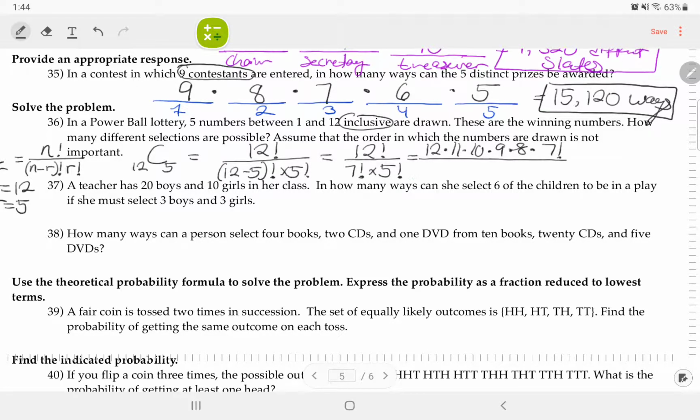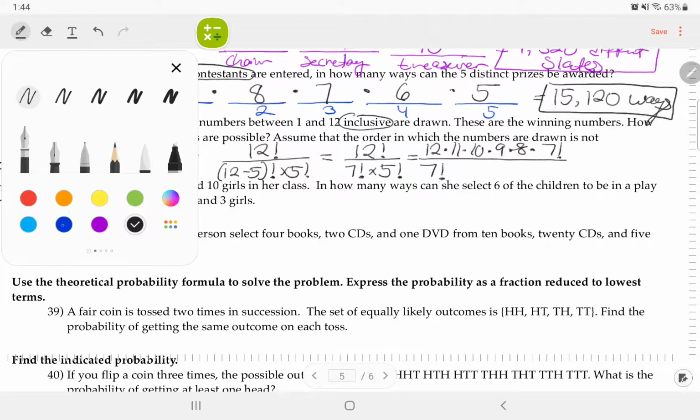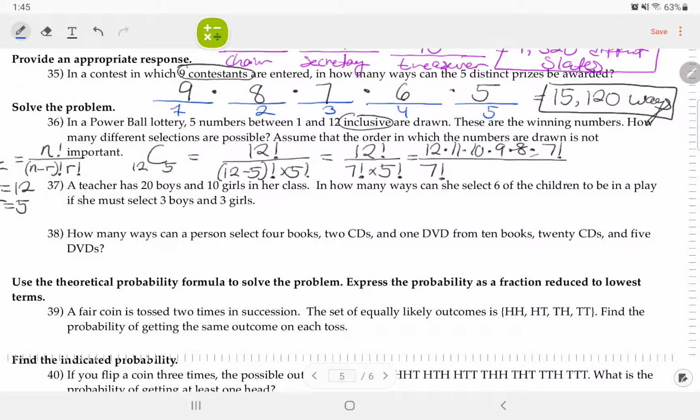And that's going to be divided by 7 factorial, which means those two will simplify each other out. And then you're going to expand the smaller one, which is 5 times 4 times 3 times 2 times 1. And that is going to be 120 in my denominator when I multiply that.